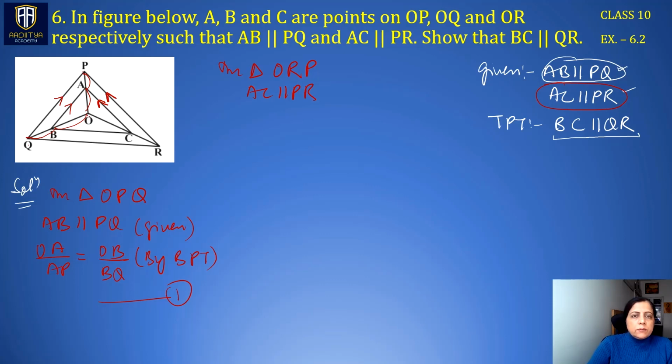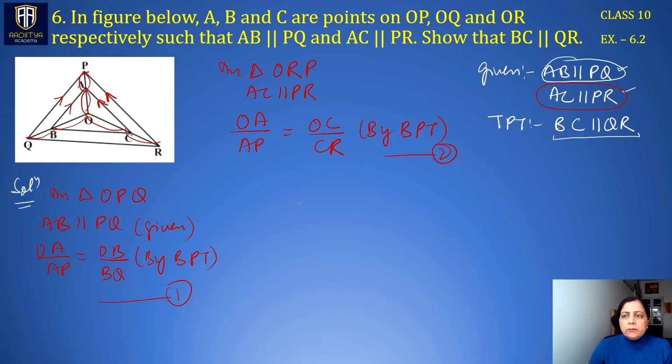So we can find the ratio in terms of OA upon AP, OC upon CR. OA upon AP is equal to OC upon CR, right? Again by BPT, by basic proportionality theorem. Let this be the second equation.